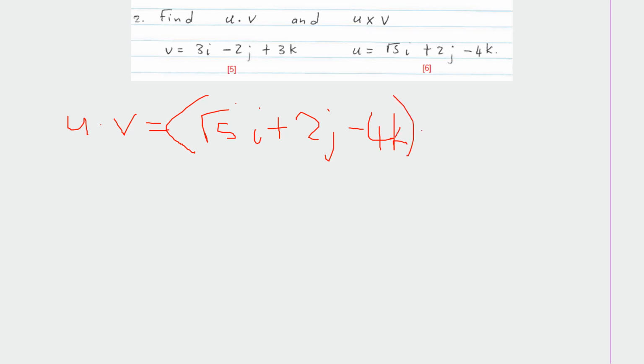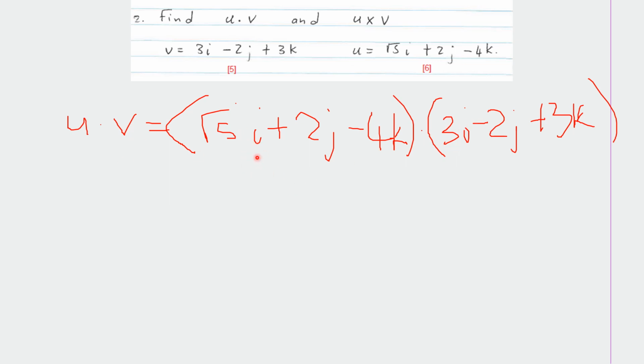And then you multiply by vector v, which is 3i minus 2j plus 3k.